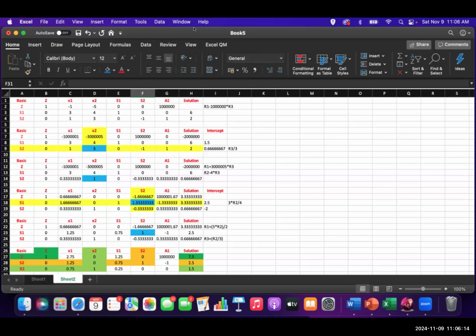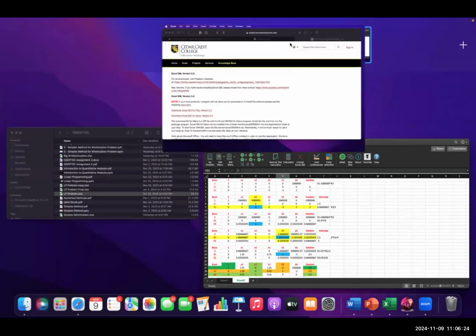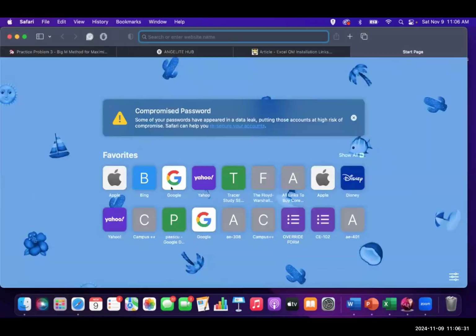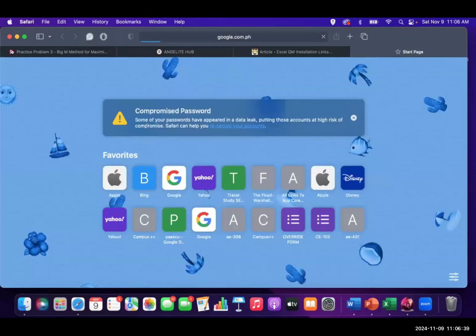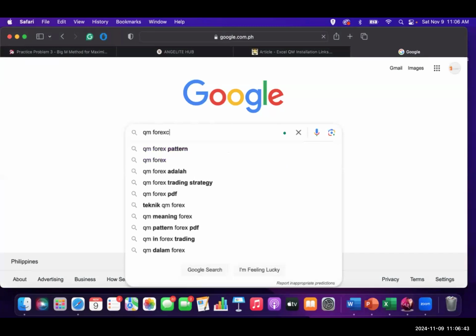There's another one. Meron ako dito, Excel QM. It's another add-in. Pwede ka mag-search sa Google. Search mo lang QM for Excel.